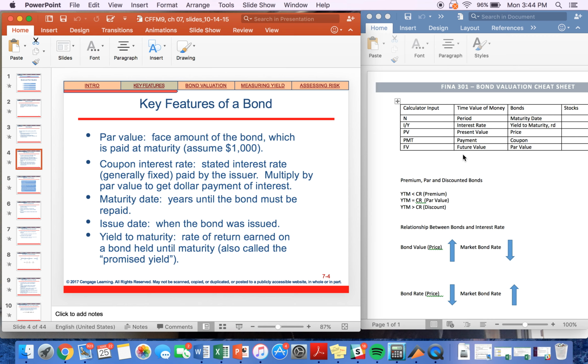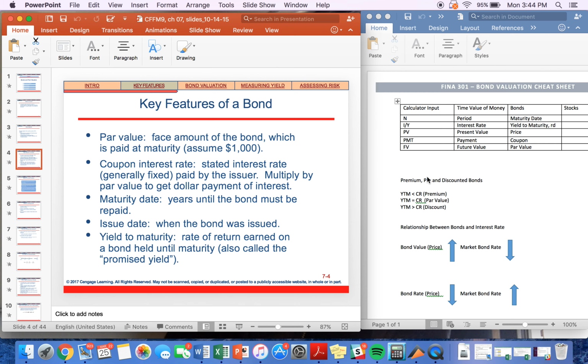It's generally fixed and paid by the issuer. Remember that coupon payment I was telling you about earlier? That is derived from your coupon interest rate, and it's found by taking the par value, that $1,000 we were just talking about, and multiplying it by your coupon interest rate, and that gives you your coupon.